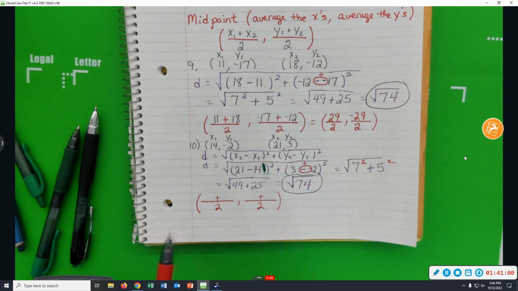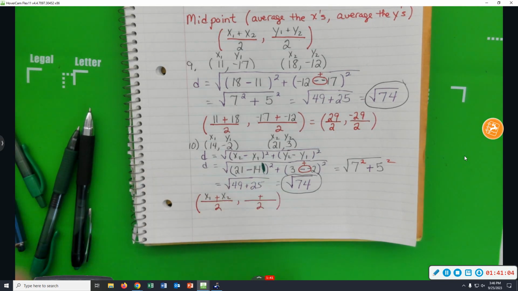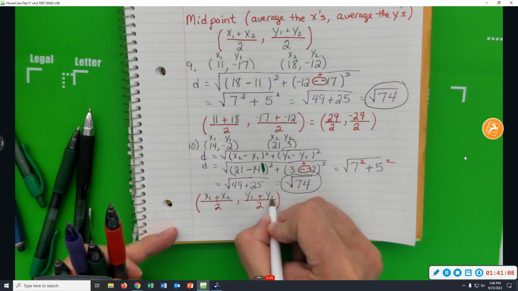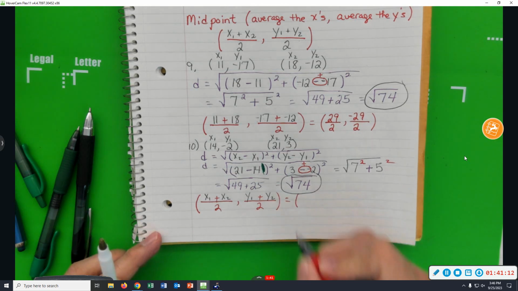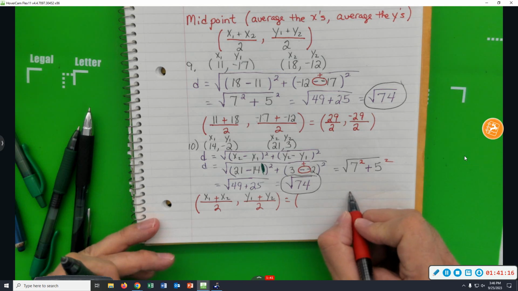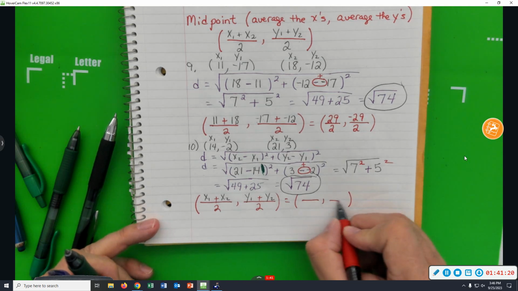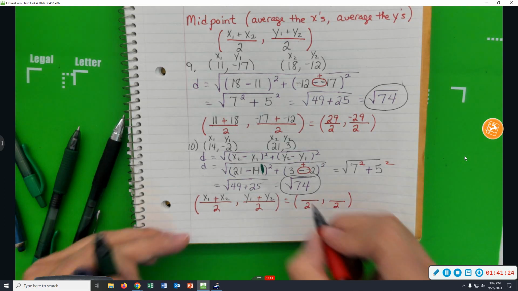I'll state it formally. x1 plus x2 divided by 2, y1 plus y2 divided by 2. And we better not get 29 over 2 for these. We could, but we don't.